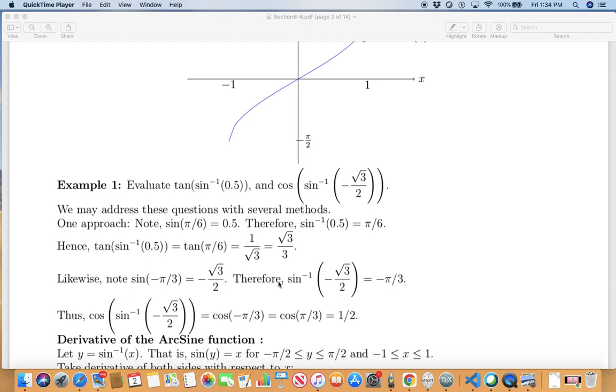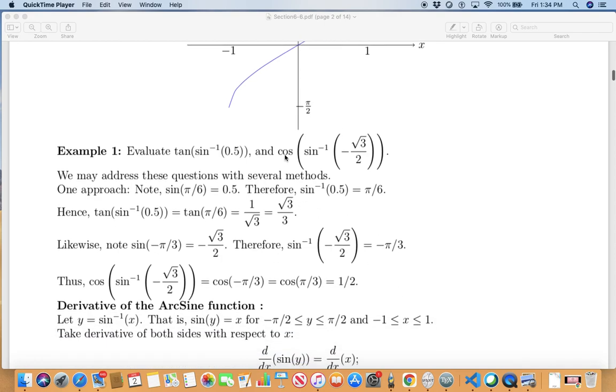You see, sine inverse is the inverse of sine. So cosine of sine inverse of negative root 3 over 2 is cosine of negative pi over 3, which is cosine of pi over 3. That's because cosine is an even function. Cosine of pi over 3 is 1 over 2.